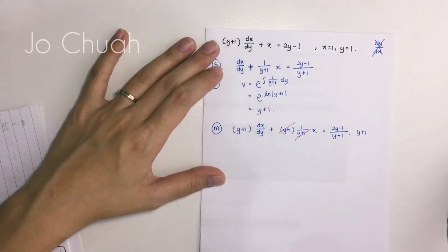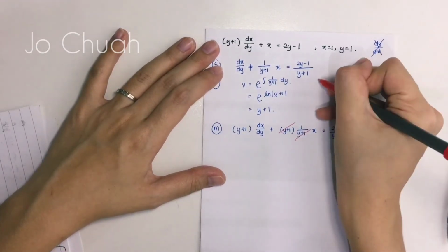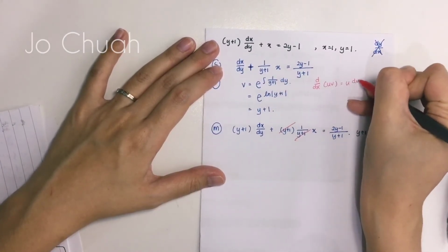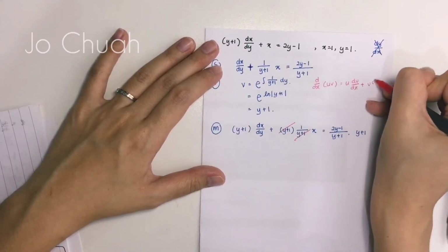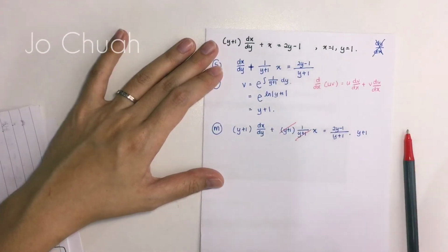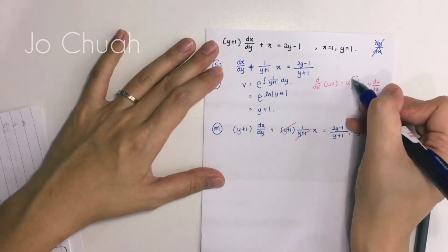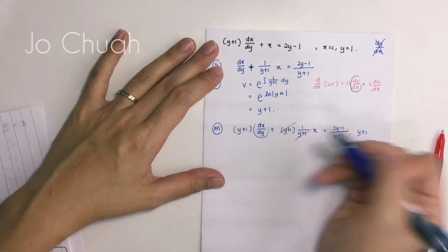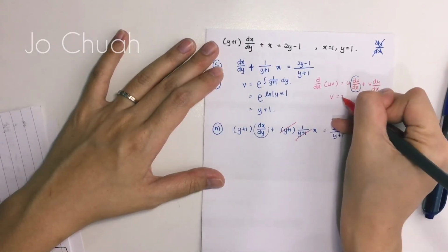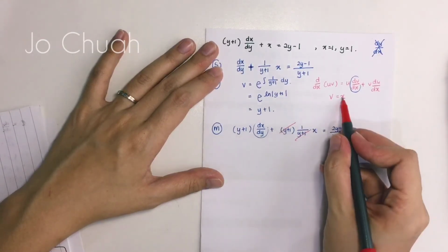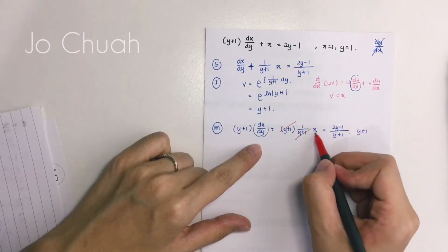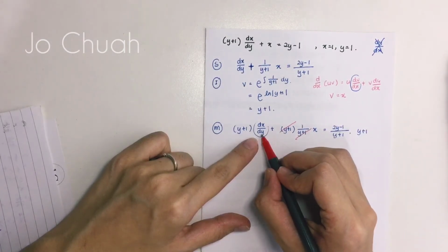Alright, what you're going to have is d over dx of uv equals u dv over dx plus v du over dx. The product rule, am I right? So for the product rule, observe that this is the same as this, and if you take the v as the x, when you differentiate it, you're going to get dx over dy.